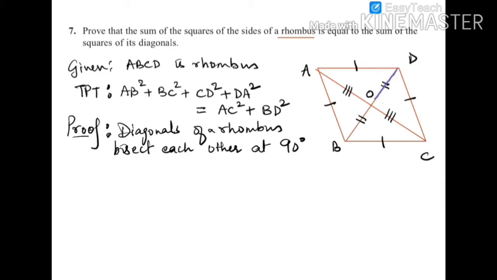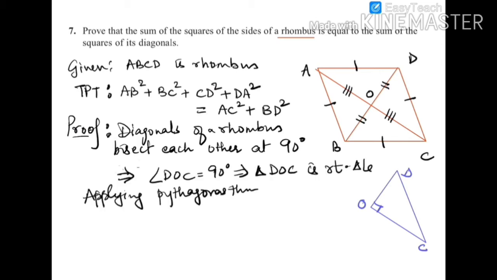So now consider this triangle DOC. In this triangle, angle DOC is 90, so this is a right angle triangle. So we can apply Pythagoras theorem to its sides. We get OD square plus OC square equal to DC square.